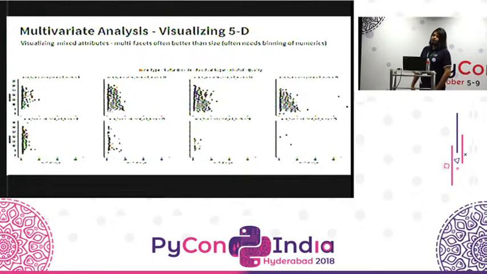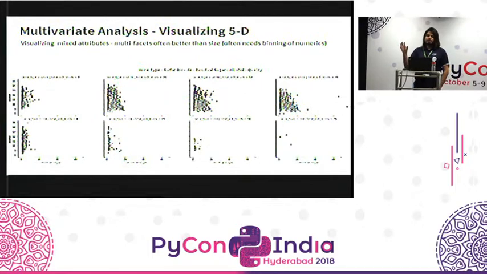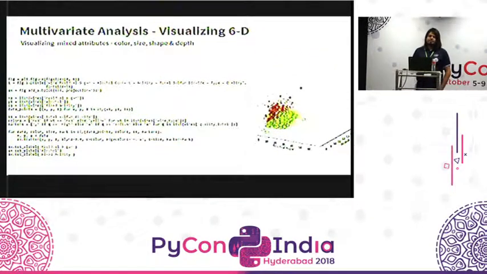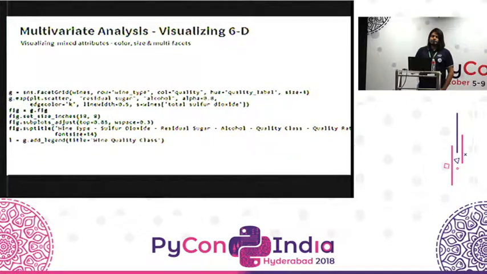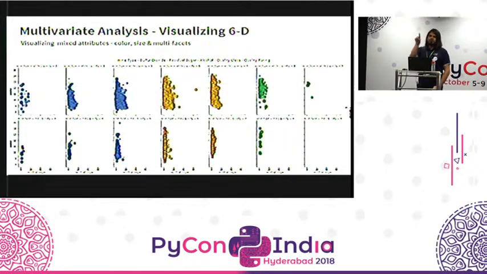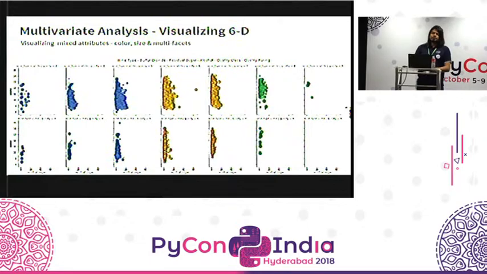And facets are always more effective than size in general, because you can clearly understand what's happening in each subplot. Understanding the notion of size becomes really difficult, because it becomes difficult to say whether the size is increasing or decreasing when you have a lot of data points.